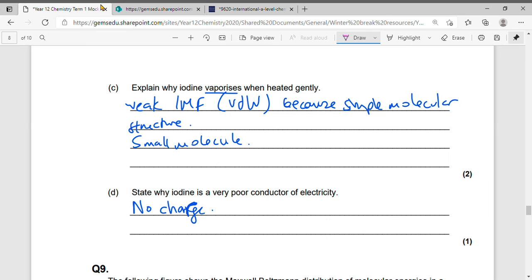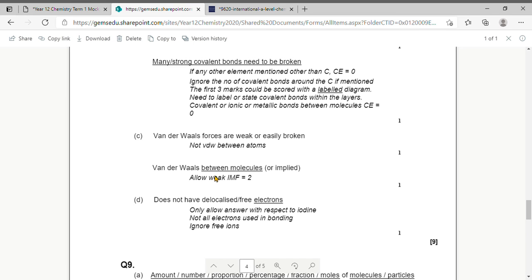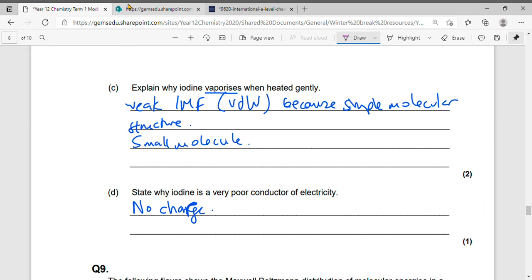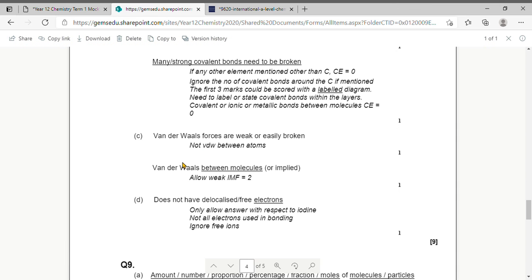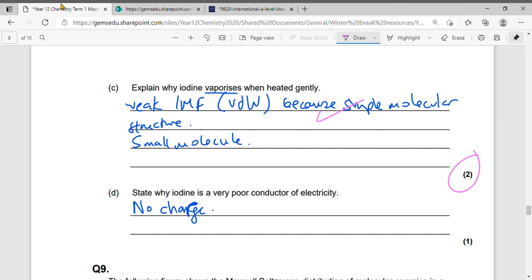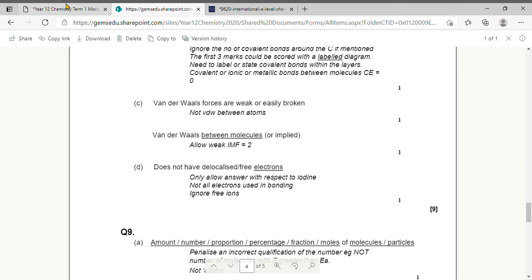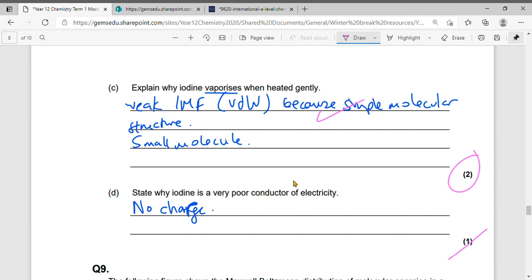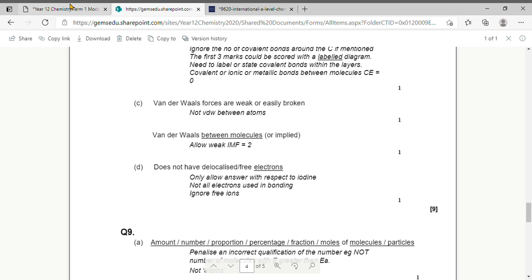Weak van der Waals. Okay. No charge. Does not have, what did it say here?